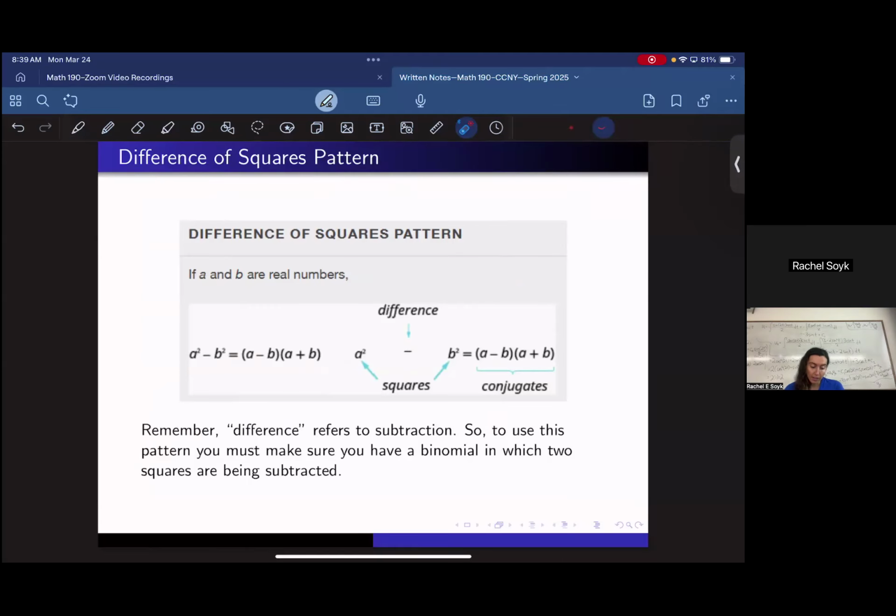Another notes page, really looking at the whole difference of squares pattern. The key in dealing with conjugates, once again, is just eliminating those middle terms. And I'll once again write it in because I just think that's the most important thing to absorb. From difference of squares, your middle terms cancel out.